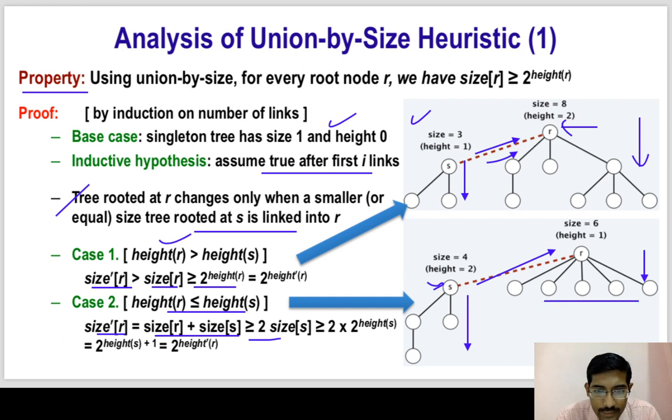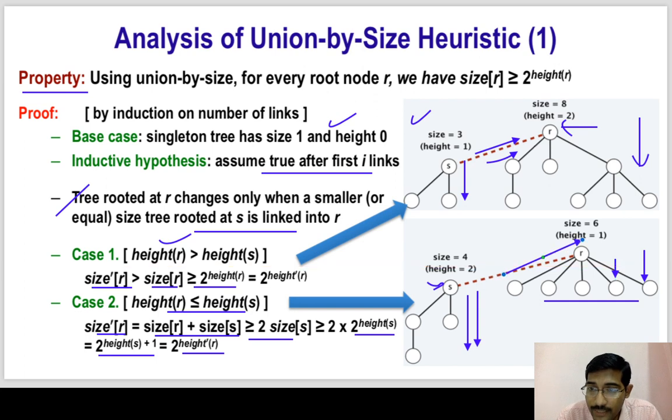So therefore, this is greater than 2 into size of S, because size of R is obviously more than the size of S. And now, since size of S follows the induction principle, I can say that size of S is greater than or equal to 2 to the power height of S. So if we solve this, we get 2 to the power height of S plus 1, which is the new height of R, because this height is more or equal to this height.